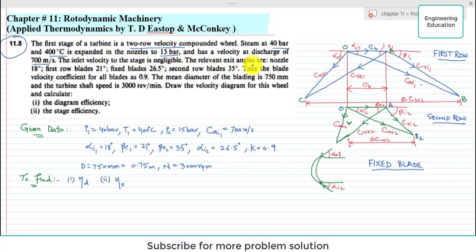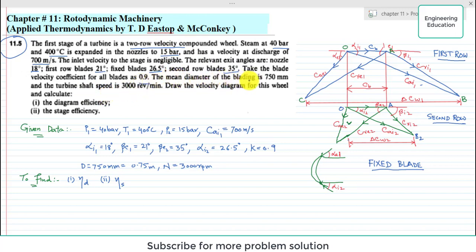The relevant exit angles are: nozzle angle is 18 degree, first row blades 21 degree, fixed blades 26.5 degree, second row blades 35 degree. Take the blade velocity coefficient K for all blades as 0.9.